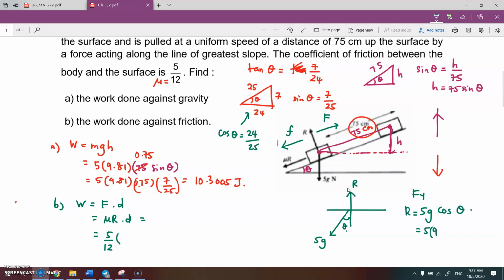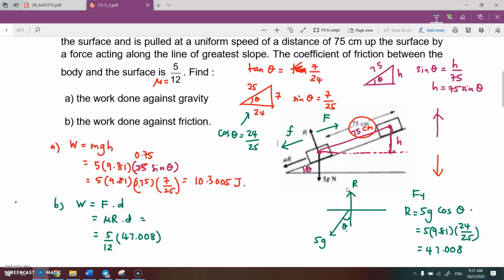So 5 times 9.81 times 24 divided by 25 is 47.088. I'll substitute here.